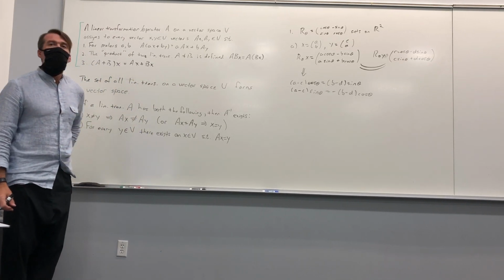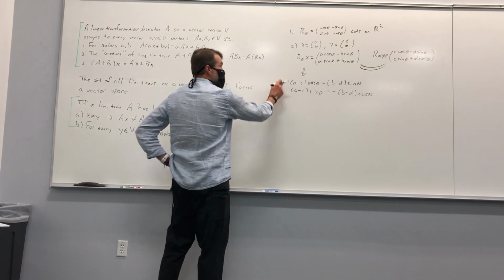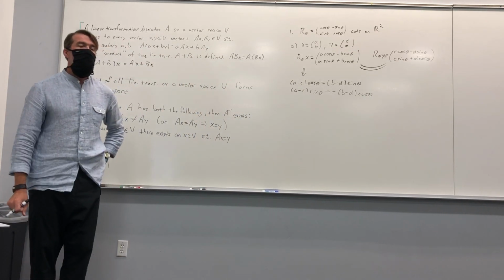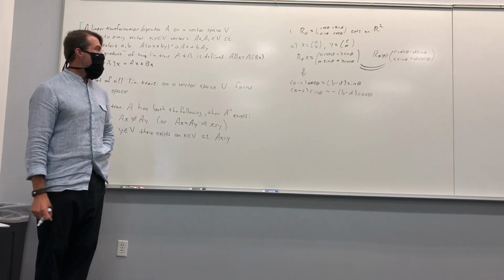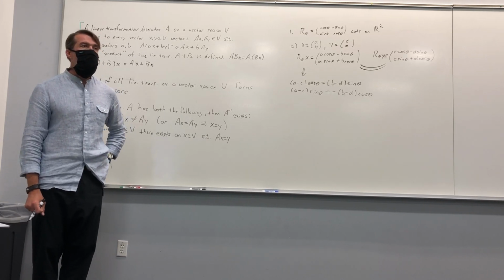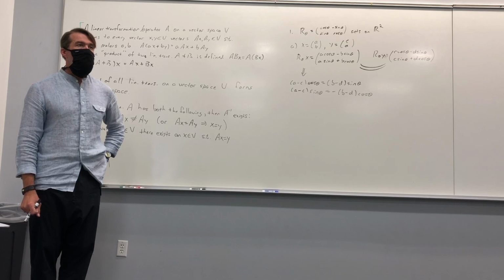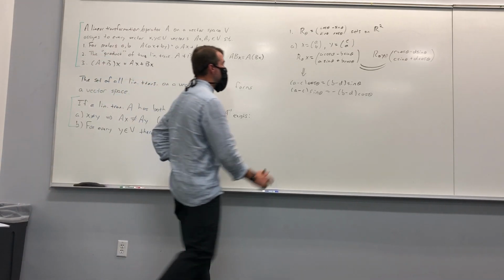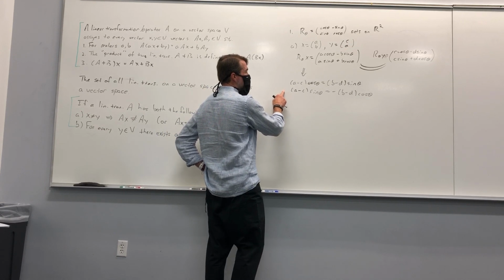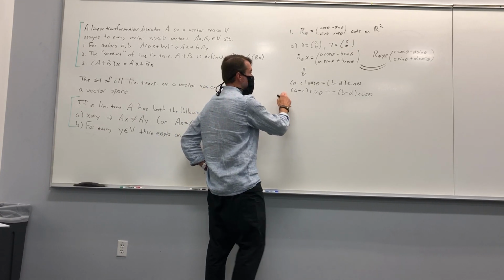Now, for both of these to be true, what can you tell me about the relationship of a and c and b and d? Well, if both of these equations were true, why don't I just divide this equation by this equation?